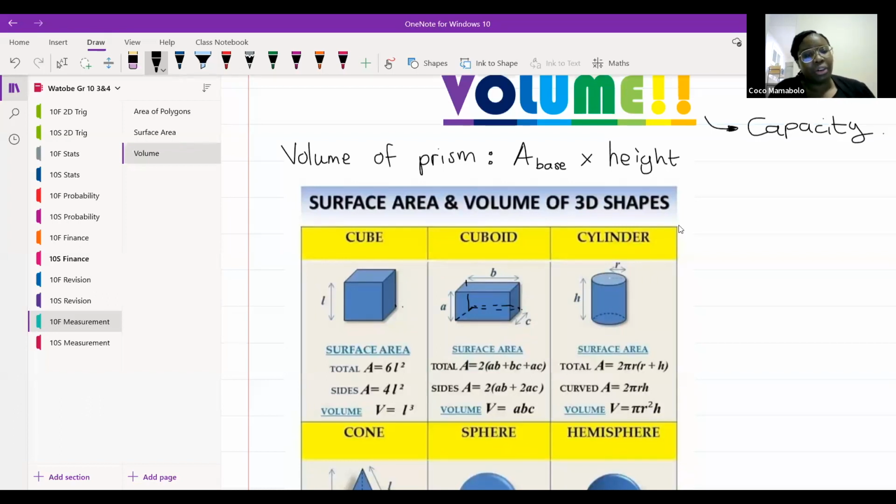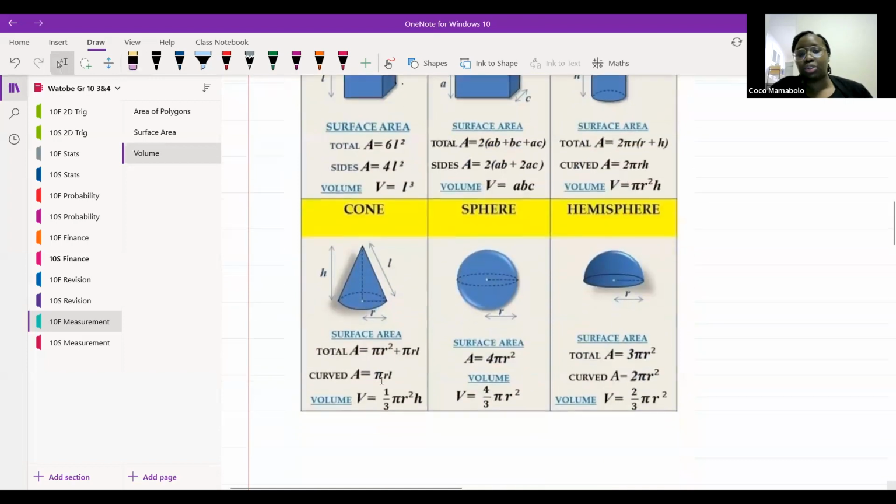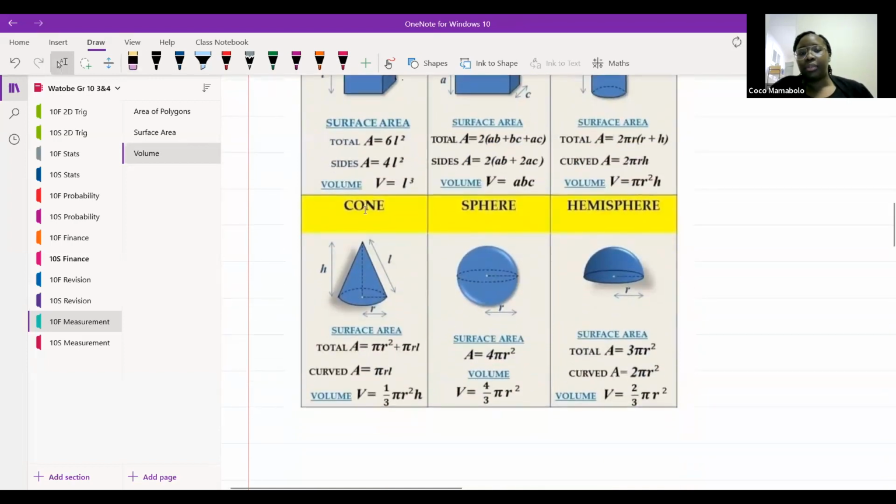We know the area of a rectangle, length times breadth. And then we're just going to multiply by the perpendicular height. Same with a cylinder, because it is a prism. We're going to calculate the area of the base, which is a circle, and we know how to calculate the area of a circle, and then we're just going to multiply that by the height. So all of that we can do with a prism.